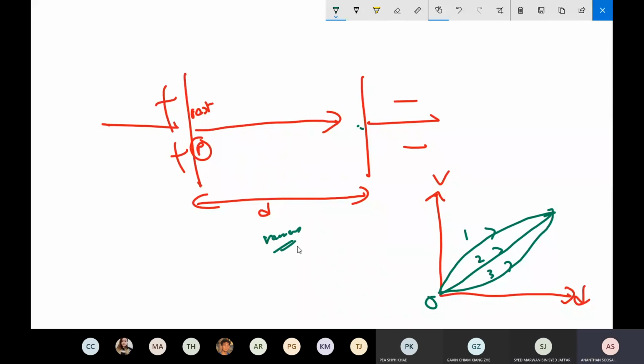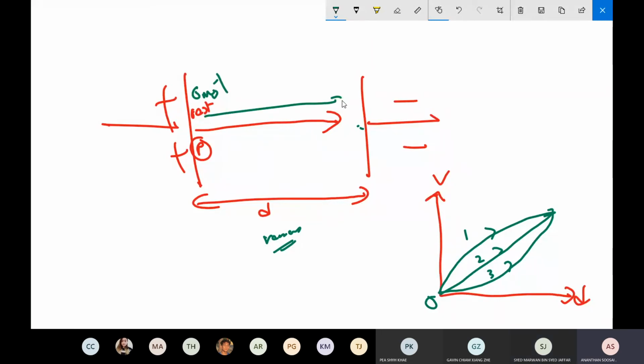You can WhatsApp me answers again. 1, 2, or 3. You must have a reason behind why you say that. Definitely the proton starts from 0 meters per second here.